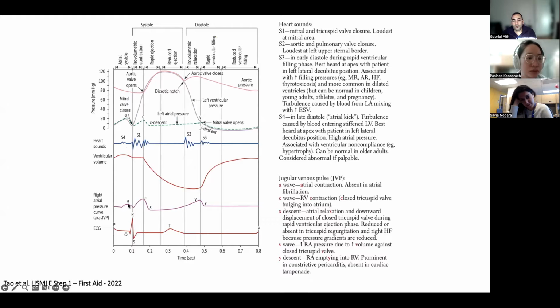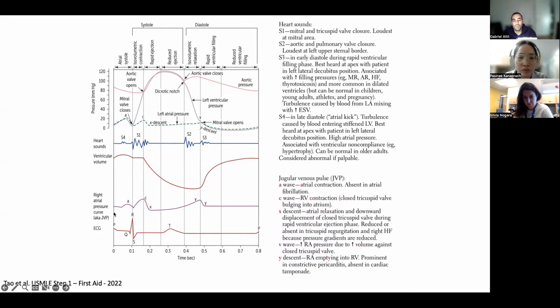For example, there's the atrial contraction, and there's a right ventricular contraction that will reflect inside of the right atrium. Then you get the descent, which is the atrial relaxation and downward displacement of the tricuspid valve. And then you get increased RA pressure due to increased volume facing the tricuspid valve closure. And eventually you get your right atrial emptying.